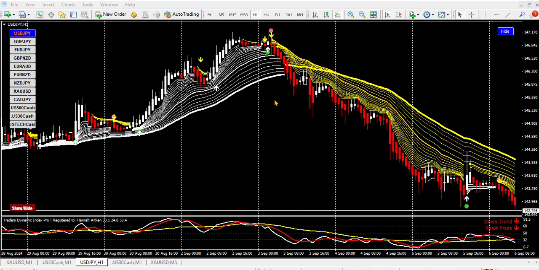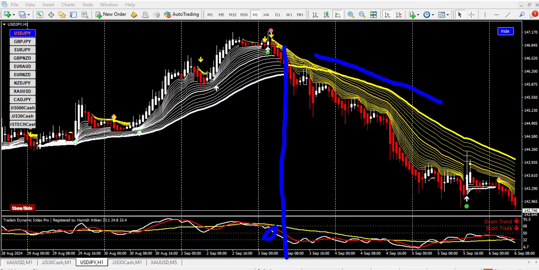At this particular point, we have all the indicators in agreement. The two lines here on TDI, we have it below the yellow thick line in confirmation of this particular trend. So this is a good run, and this did deliver. This is USD Japanese yen.